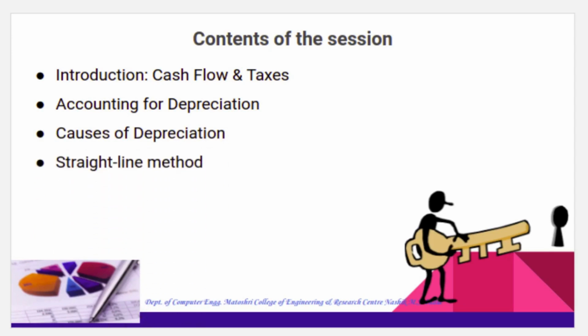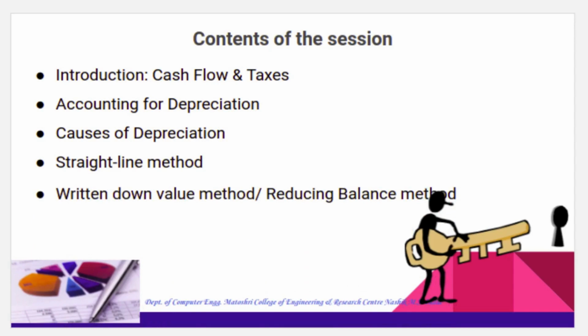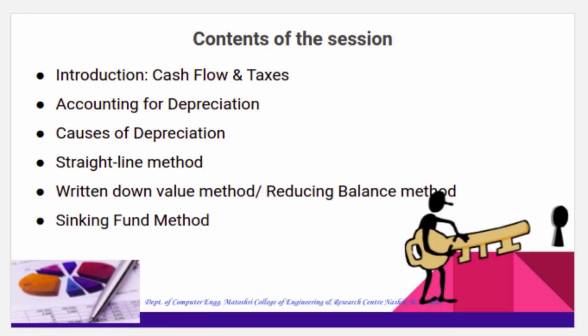Then we will review the three popular methods for calculating the depreciation value, such as straight line method, then written down value method, also known as reducing balance method. Then the third method is the sinking fund method. We will conclude our session by taking the review of the accounting for taxes. This is the roadmap for our session.